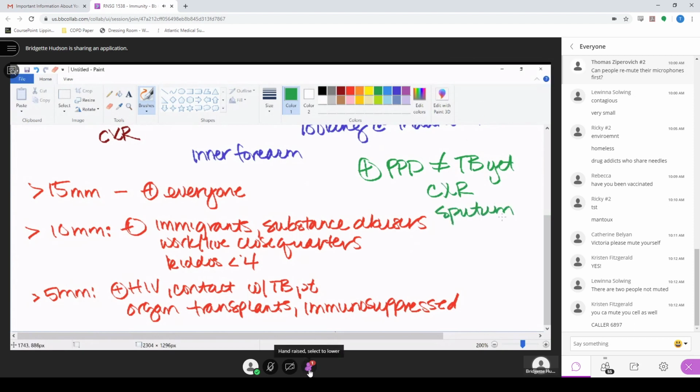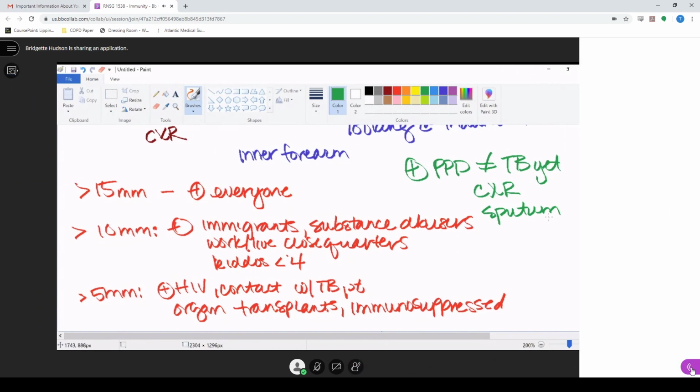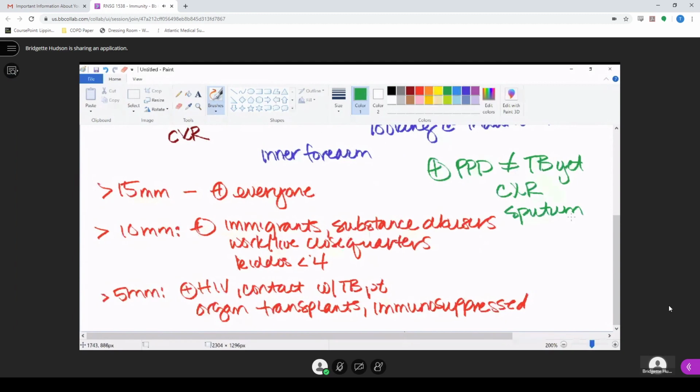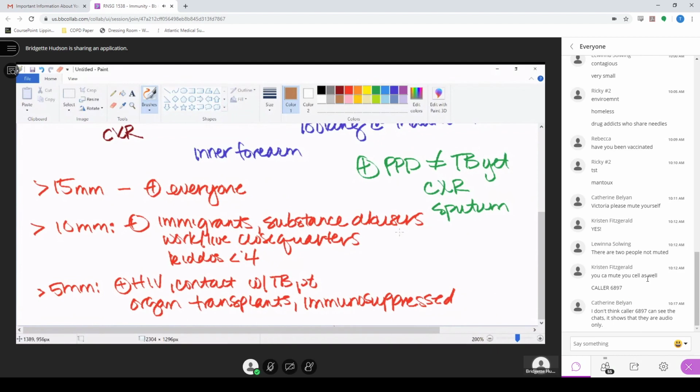So we need to move to the next step to verify whether or not the individual does have active TB. The PPD or the Mantoux test basically tells you that you have been exposed. So what that positive result means is that you have been exposed to TB, but not that you have it. So this means exposure.